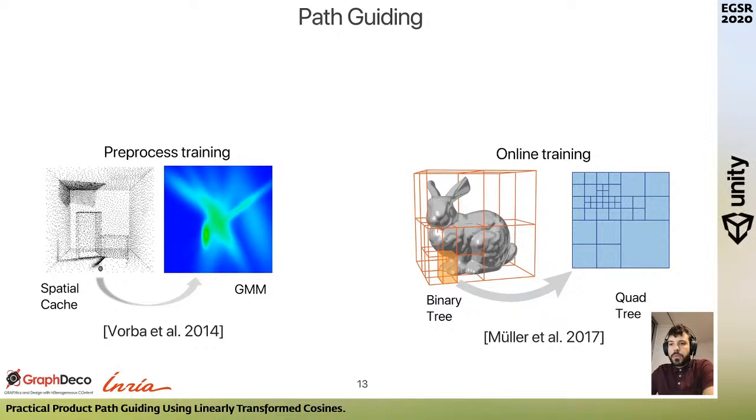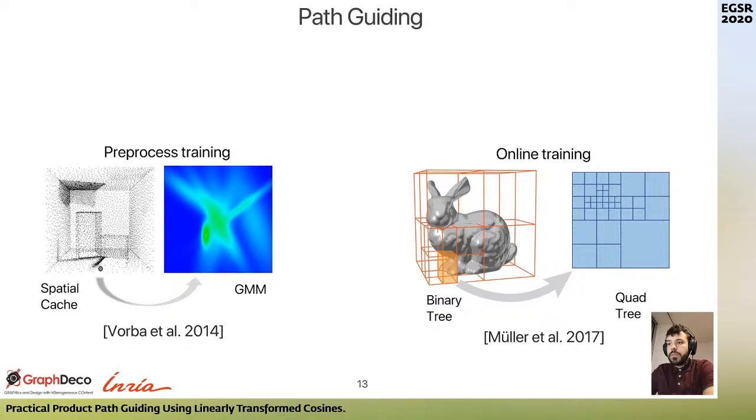The method from Borba and colleagues uses a special cache and Gaussian mixture models for the directional component of the incoming radiance. They do a pre-processing step where they fill these two data structures by doing bidirectional path tracing.